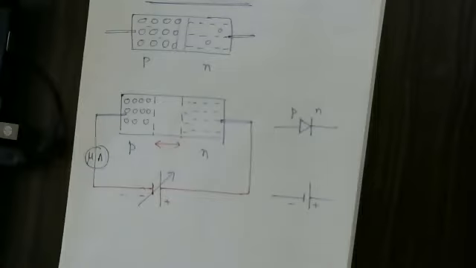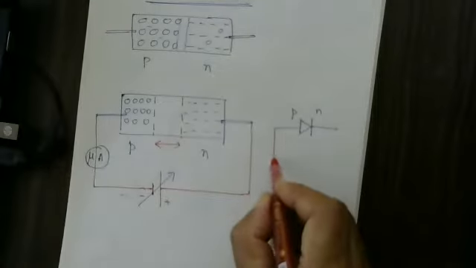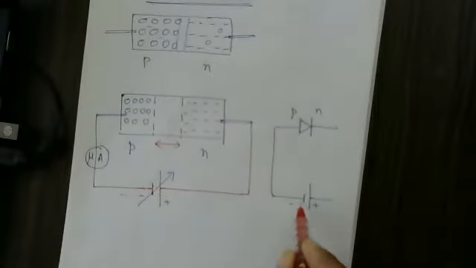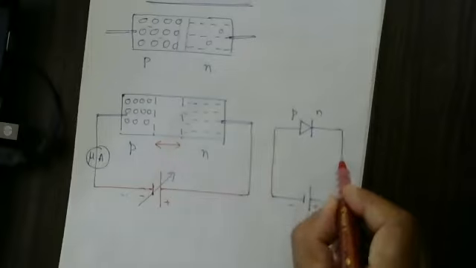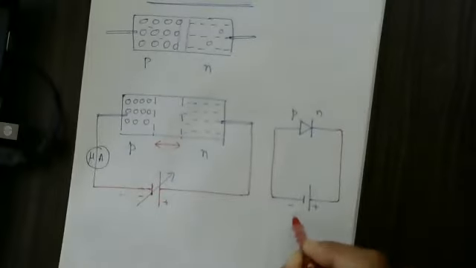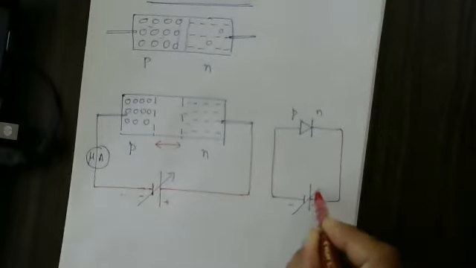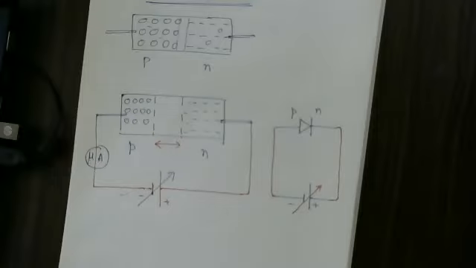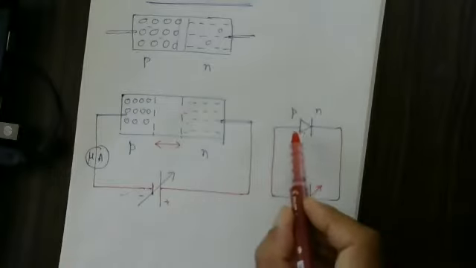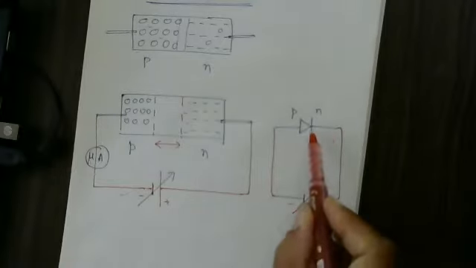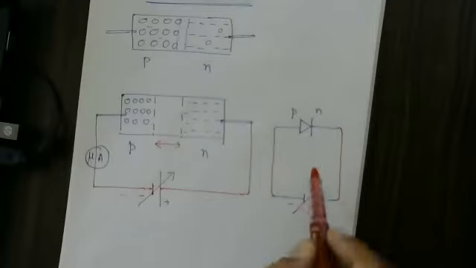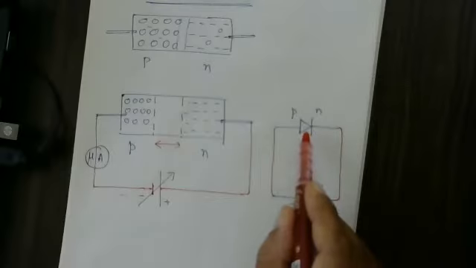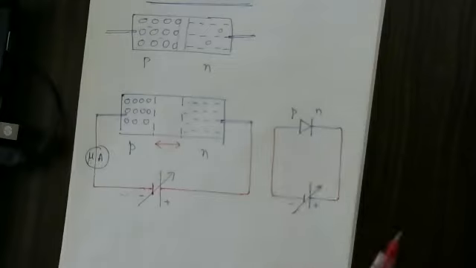Follow this. Now we are supposed to connect the P variety to the negative end of a cell. The N variety must be connected to the positive end of a cell. If you want, we can put in this variable voltage source. If P is connected to the negative end of a cell and N is connected to the positive end, then only is this diode said to be under reverse bias.